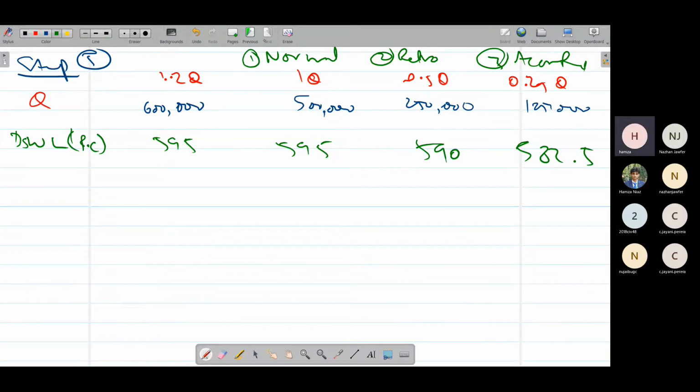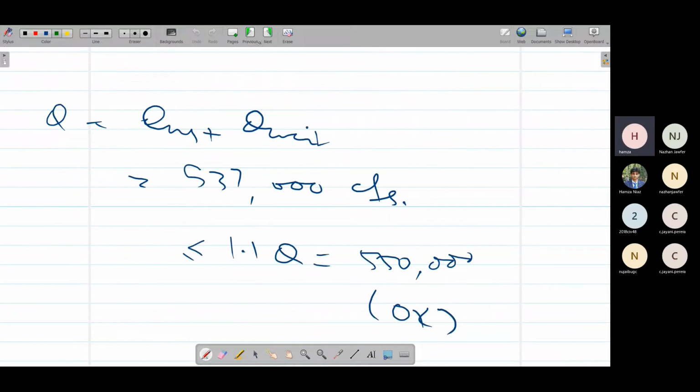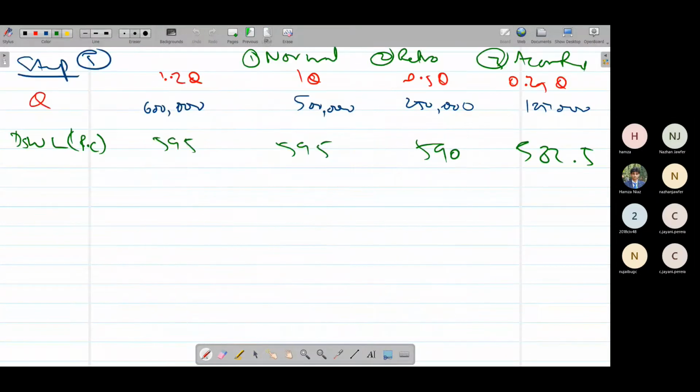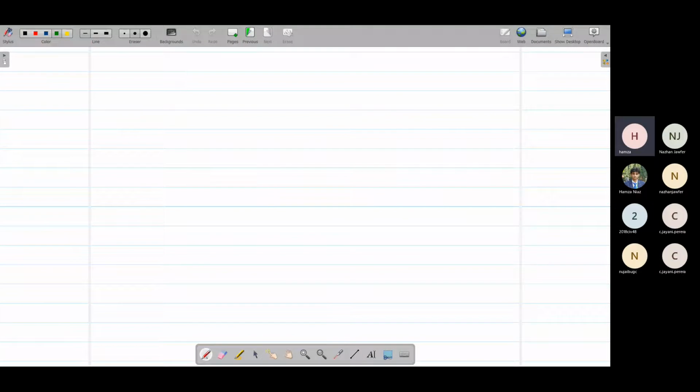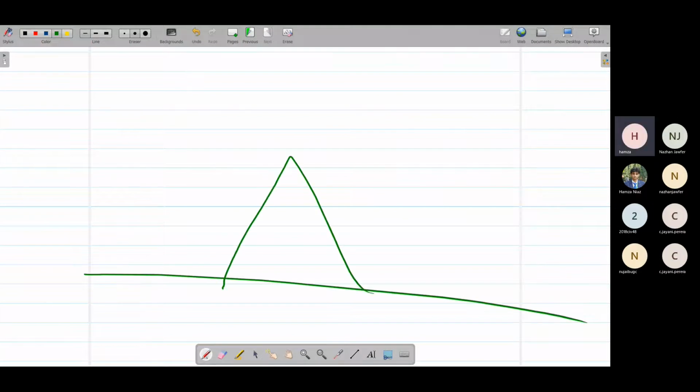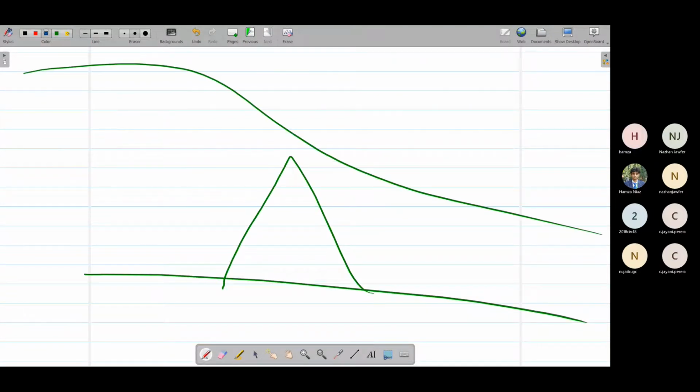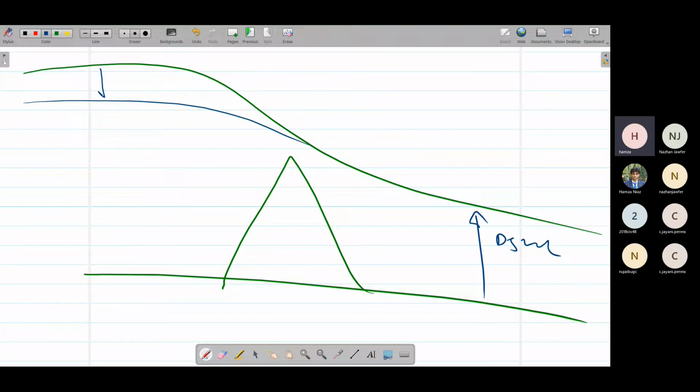Now we have to find the upstream water level. If I draw this again, this is our weir, this is our downstream water level, and we are assuming that the downstream water level plus this afflux value would give us the upstream water level.